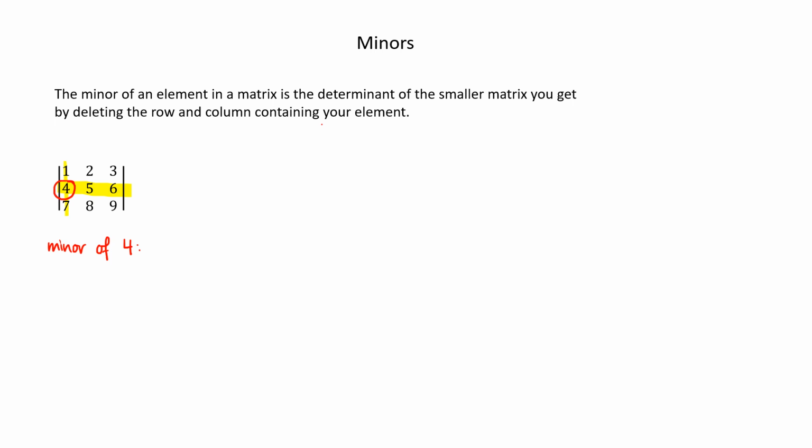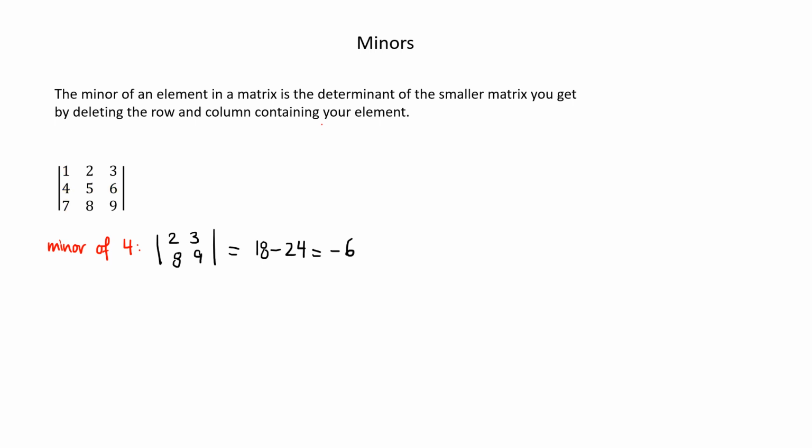So this is going to be the determinant of what's left, the matrix 2, 3, 8, 9. Which ends up being equal to 18 minus 24, or negative 6.